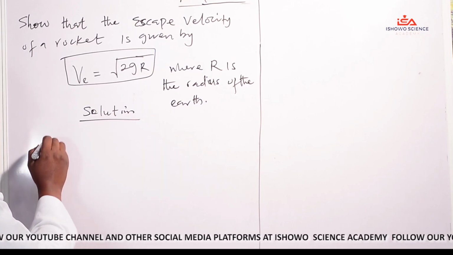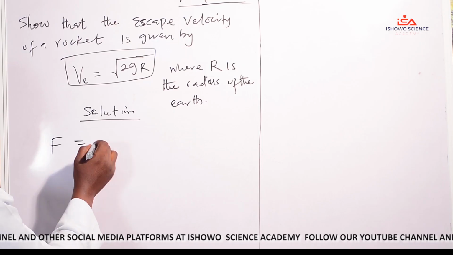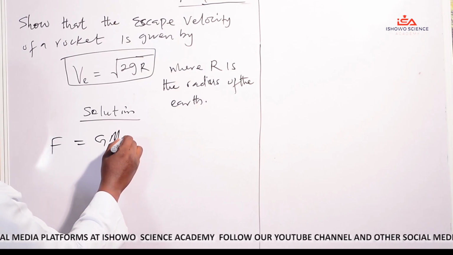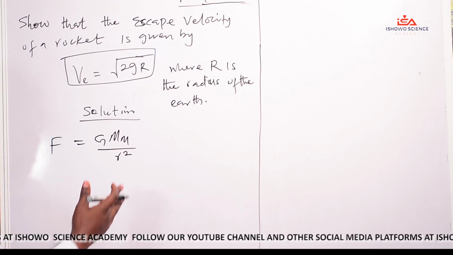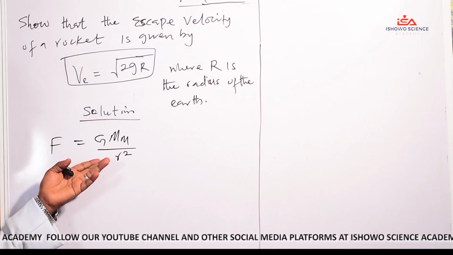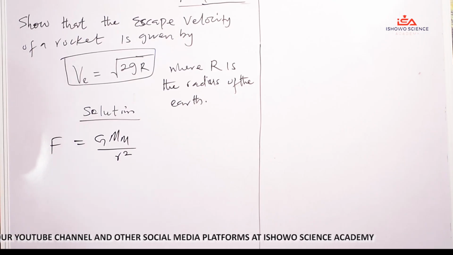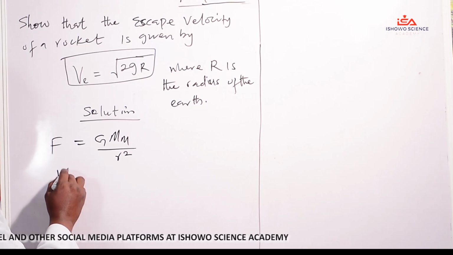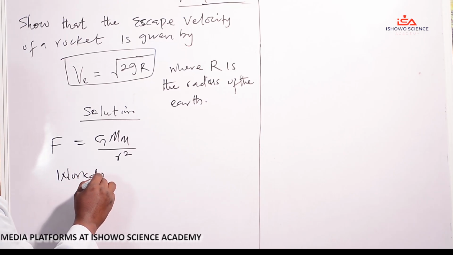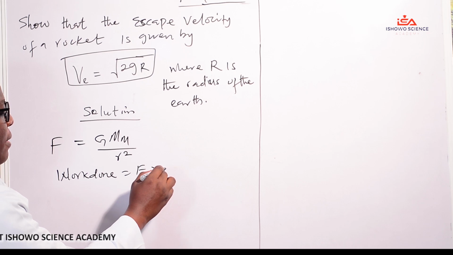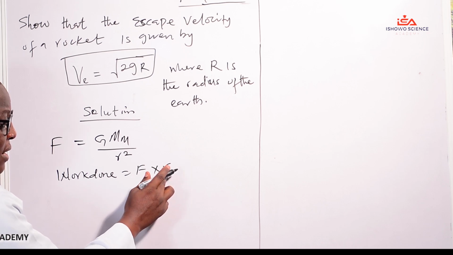So to solve this question, the first thing is to always recall that force equals GMm over r squared. We have stated this on several occasions. This is the gravitational force of attraction. And you recall again that work done is equal to force multiplied by distance. We are using r for our distance in this case.